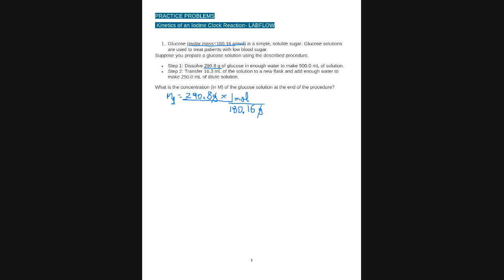So these people say 500 ml. We have to convert it into liters, which is 0.5 liters. If we do that, we get the molarity in step 1.